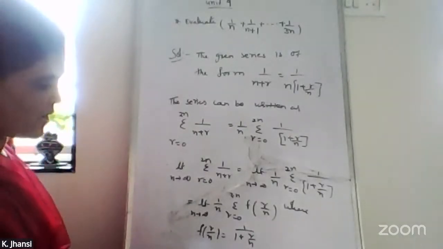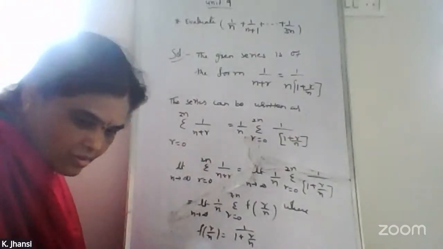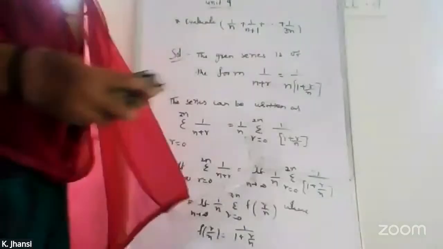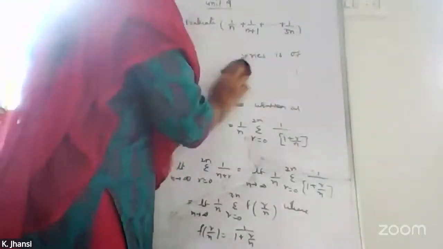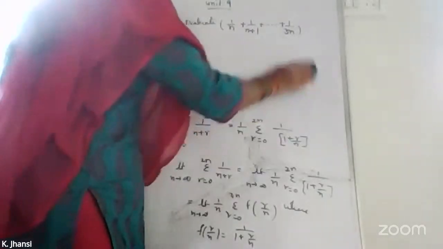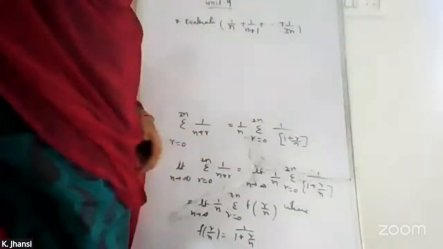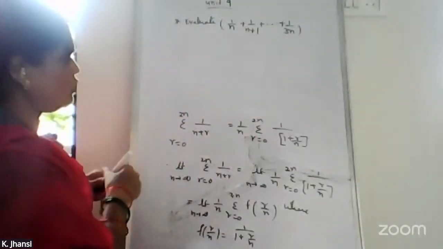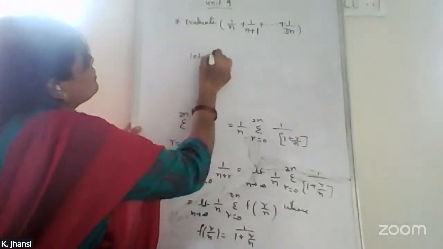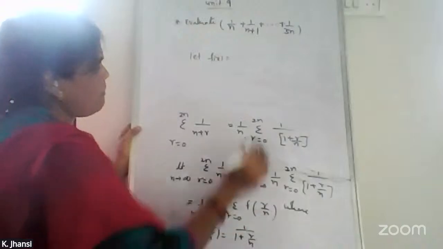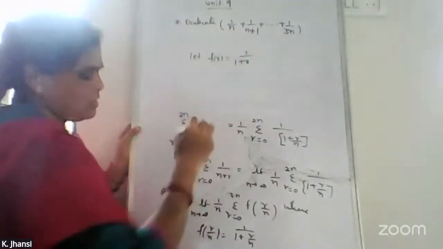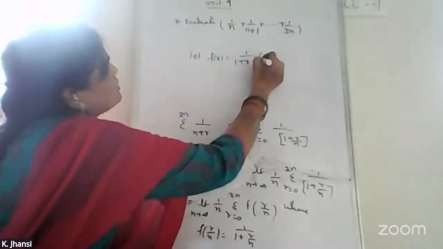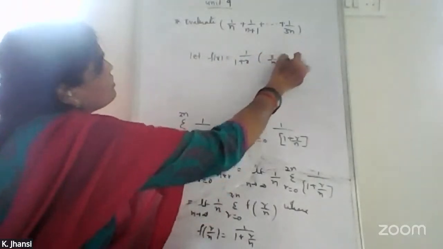So if you substitute that, let f of x equal 1 by 1 plus x, since r by n equals x.